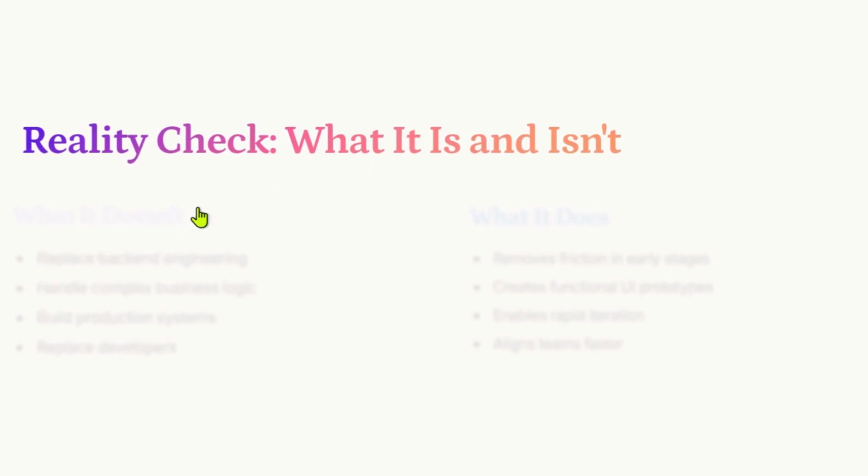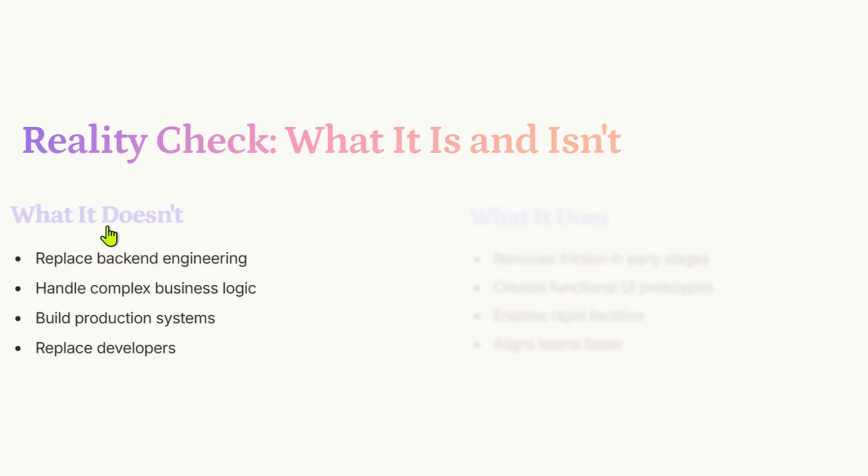Let's first start with what it doesn't do. It doesn't replace the backend engineering team. Why? Because it doesn't handle the complex business logic required for real-life applications. So your backend engineering team needs to integrate that in your application. Also, the UI it has provided is not a production ready system.